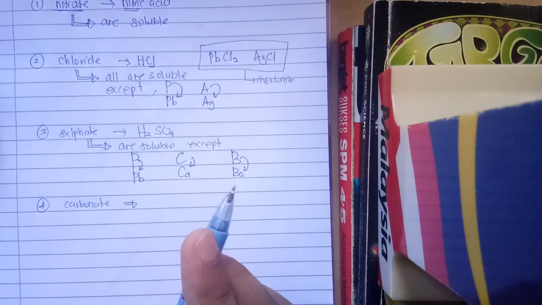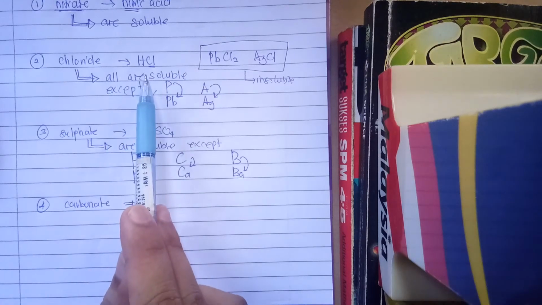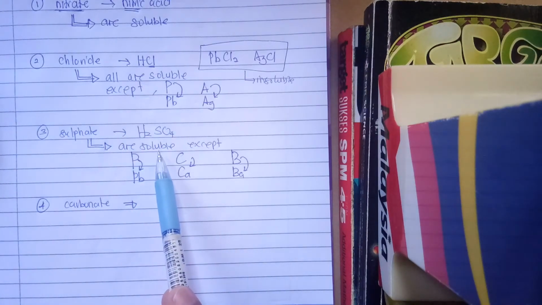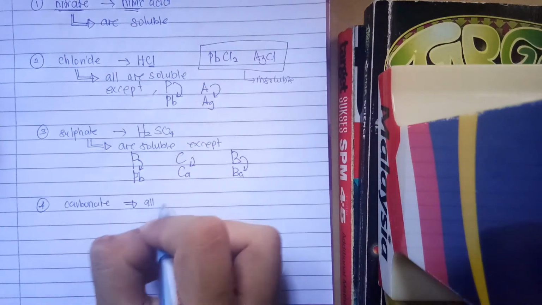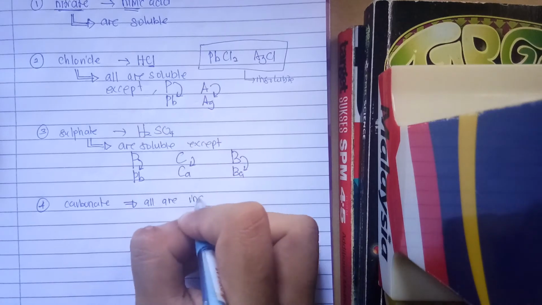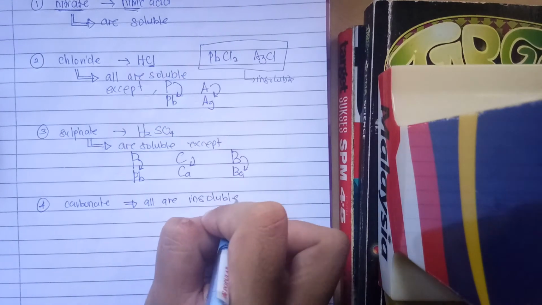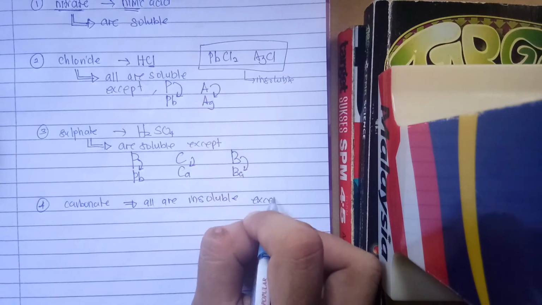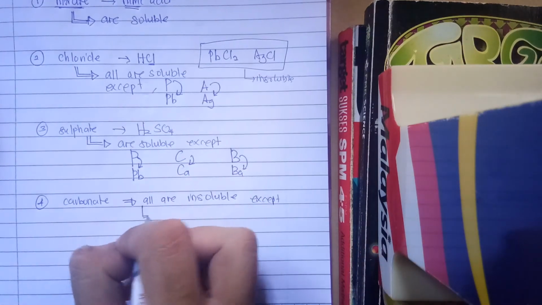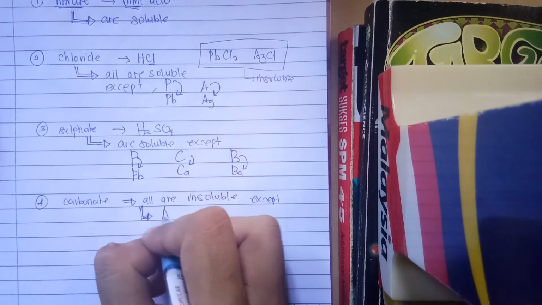So ammonium chloride will be soluble, ammonium sulfate also will be soluble. Okay, for carbonate, all are insoluble, except anak.